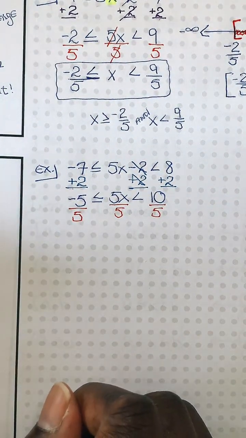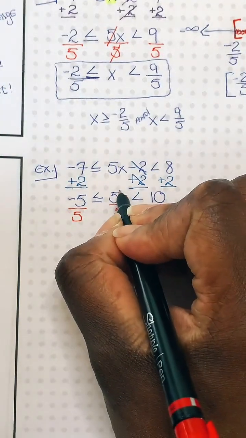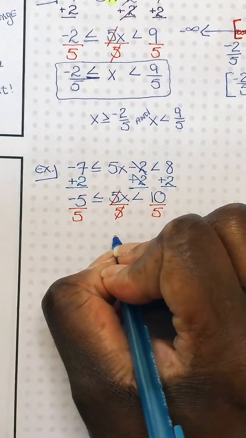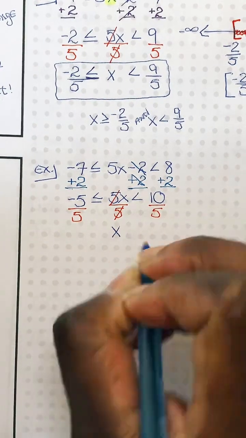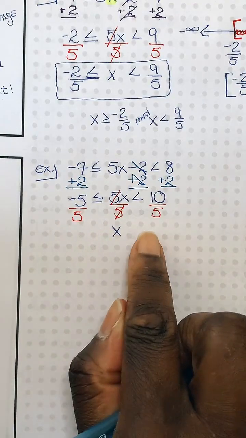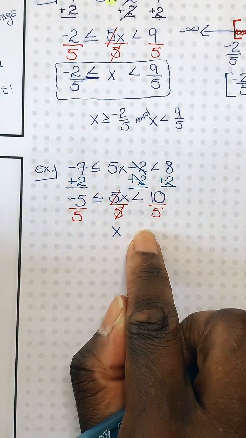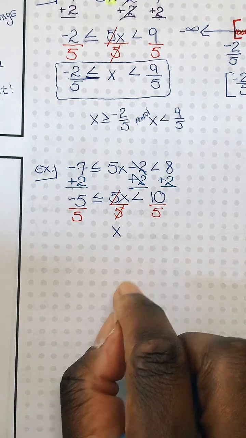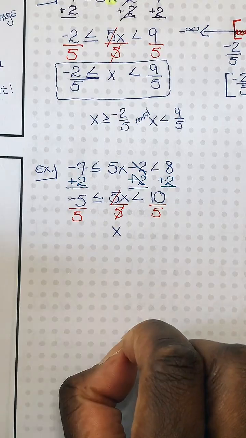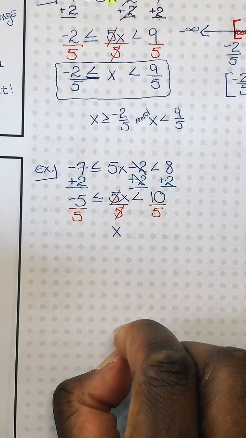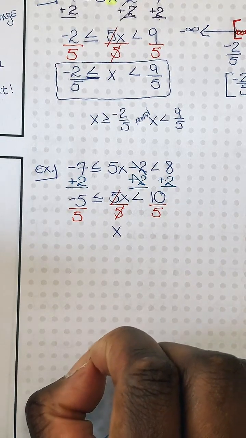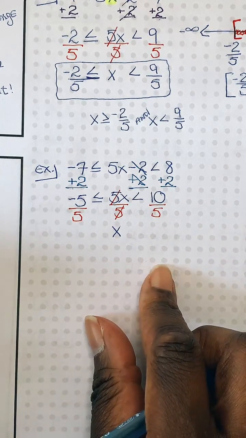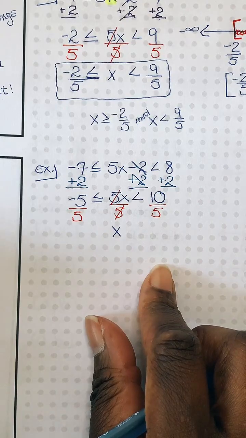Okay. So yes, we want to cancel the 5 because 5 divided by 5 gives me 1. Or in this case, we still have an x. Are we changing the direction of the inequalities? Yes or no? Okay. So I got a bunch of no's because we didn't divide by a negative.